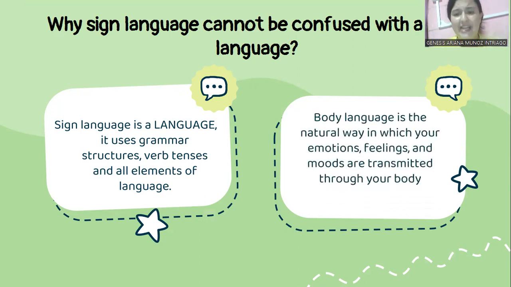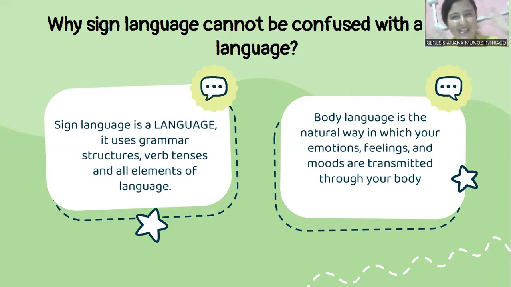But in the case of body language, it is just the natural way in which your emotions and feelings and moods are transmitted through your body. It is basically a way in which your body shows your emotions. But for example, you cannot have a conversation just by body language.